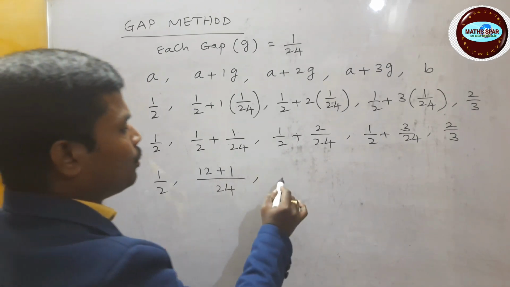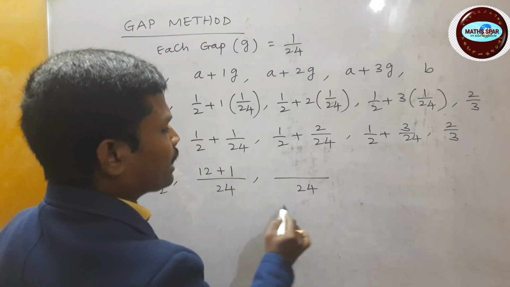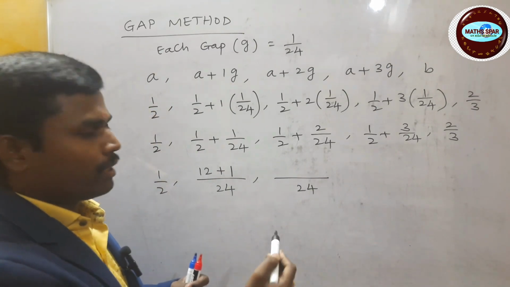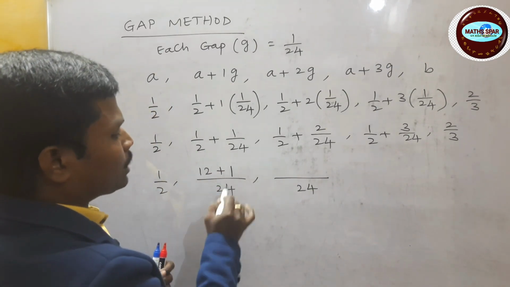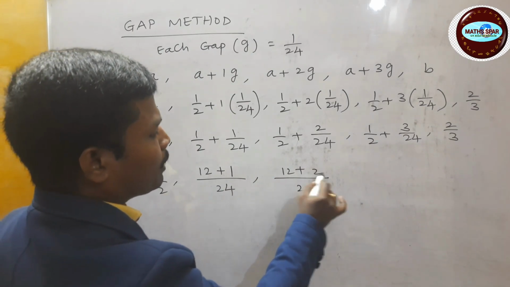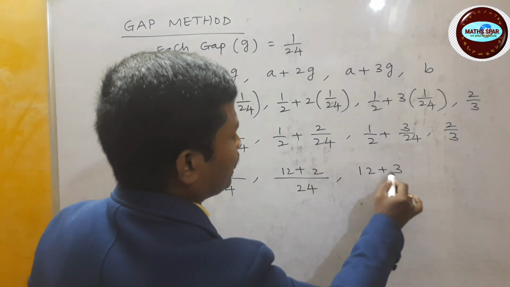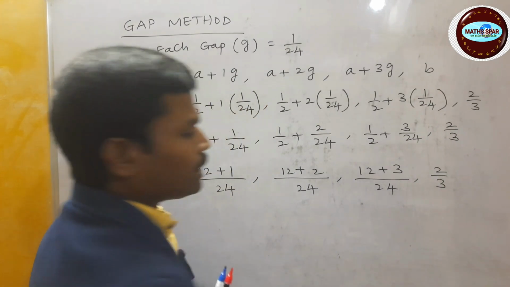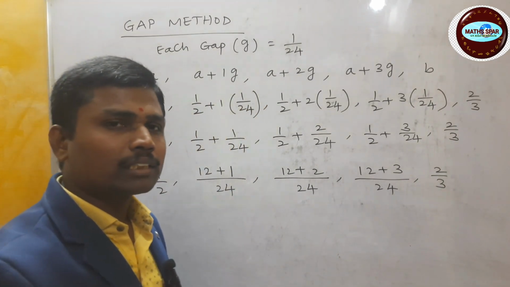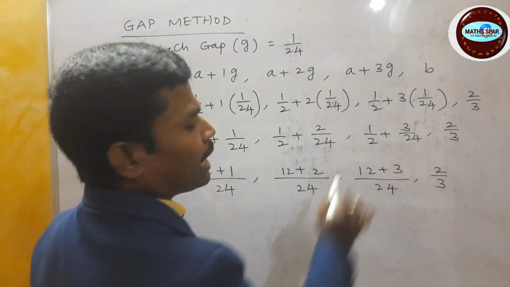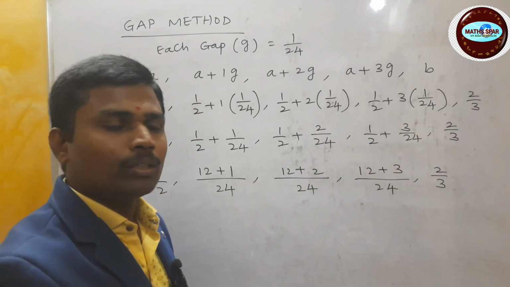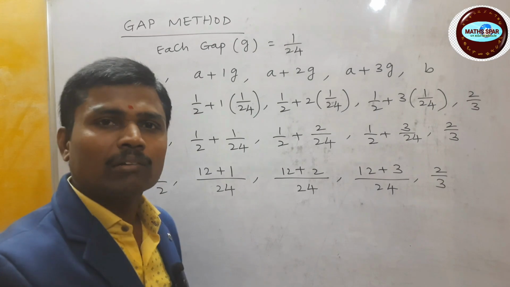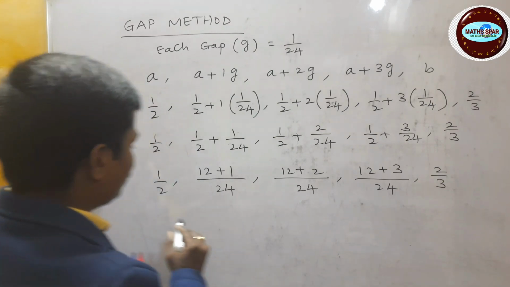Now you need not do any calculation further. Why? This is 12 plus 1. So here you can write 12 plus 2, 12 plus 3 by 24. That is the reason I have asked not to cancel anything in the very first step, so as to make your calculations easy at the end.